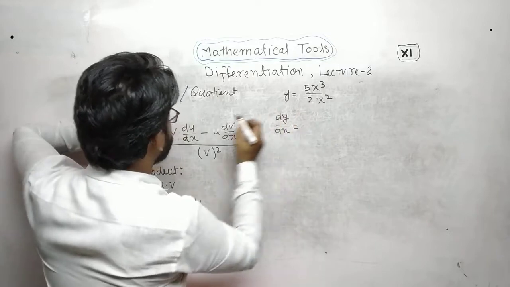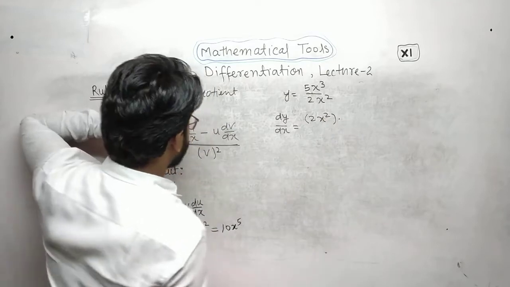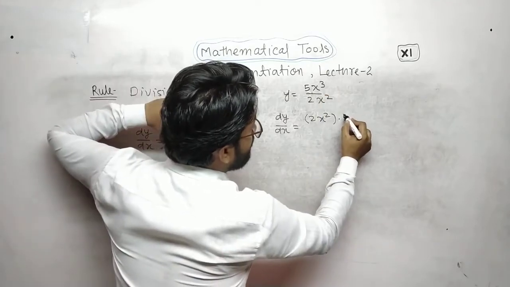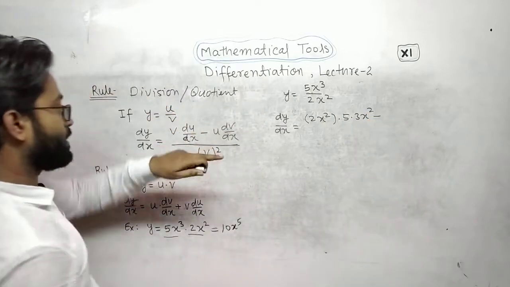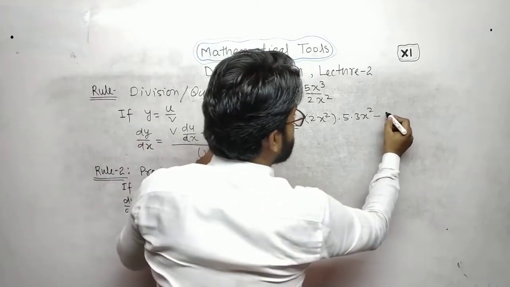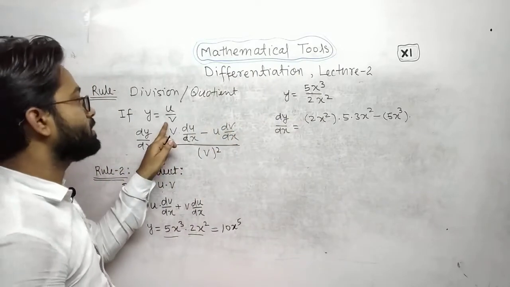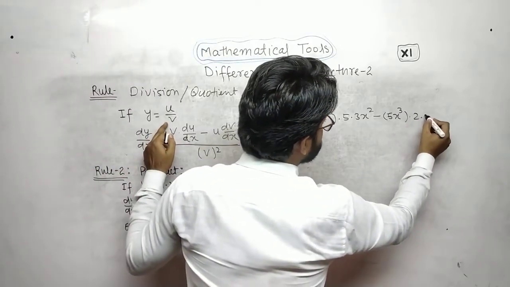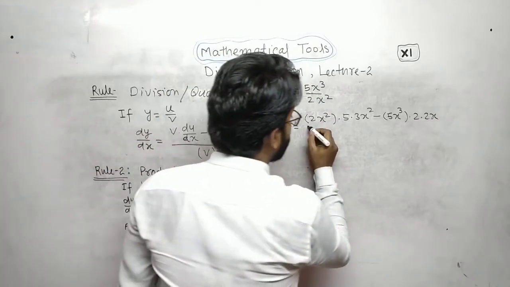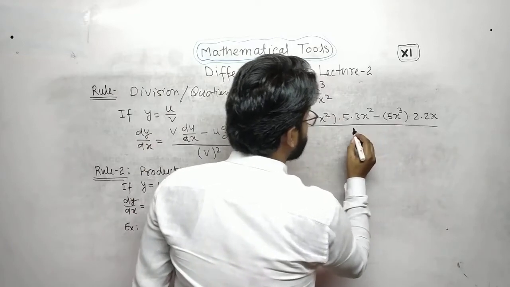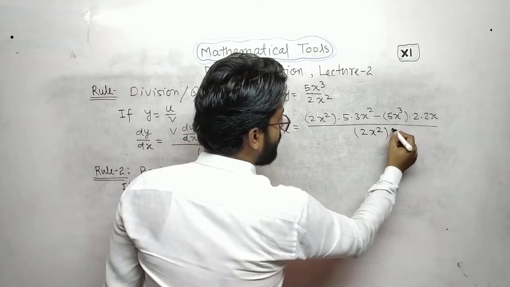Denominator as it is. v is the denominator, as it is, means 2x square, into the differentiation of the numerator, means 5 as it is, 3x to the power 2, minus the numerator as it is, means 5x to the power 3, into the differentiation of the denominator, that is 2 as it is, 2x to the power 2 minus 1, means 2x, upon the denominator square, means 2x square whole square.